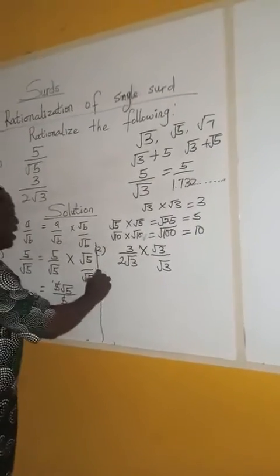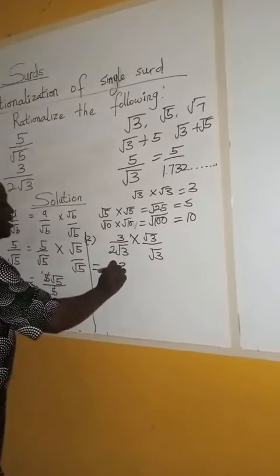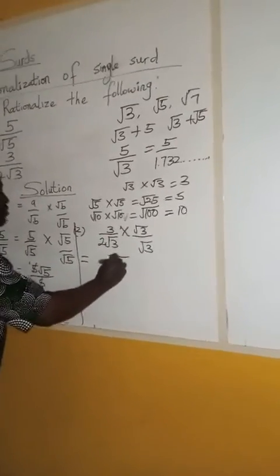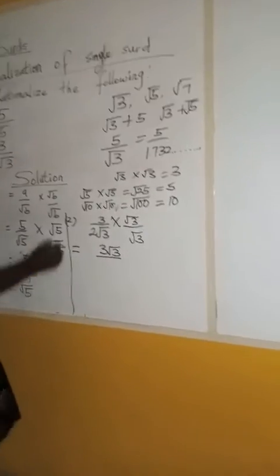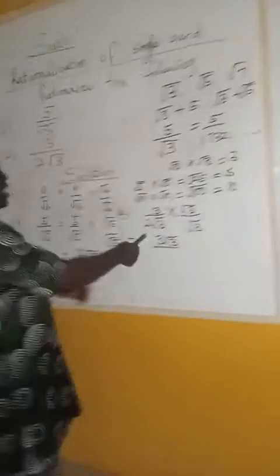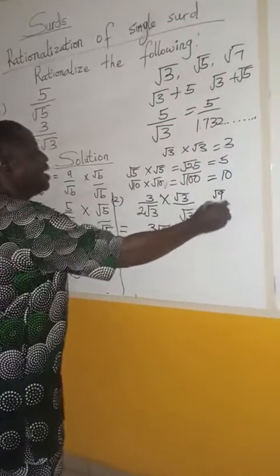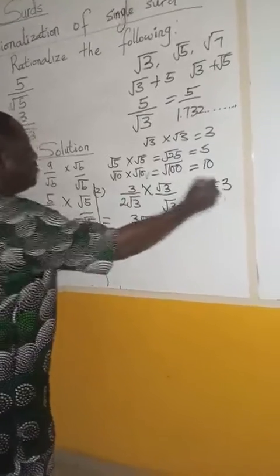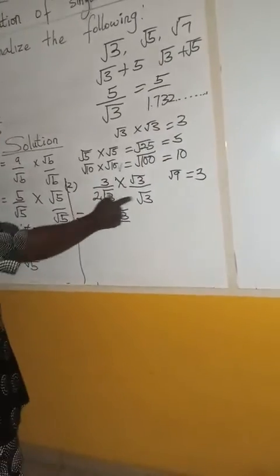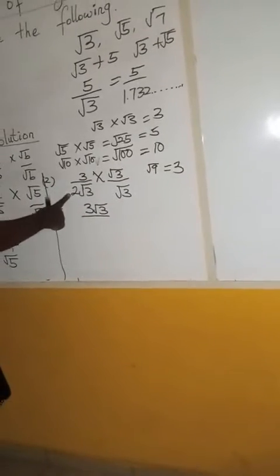So from here, 3 times root 3 is the same thing as 3 root 3. And here we need to first multiply the surds. Root 3 times root 3. Don't forget, root 3 times root 3 is root 9, and that is the same thing as 3. So root 3 times root 3 is equal to 3. Then don't forget we have another 2 that is multiplying them.